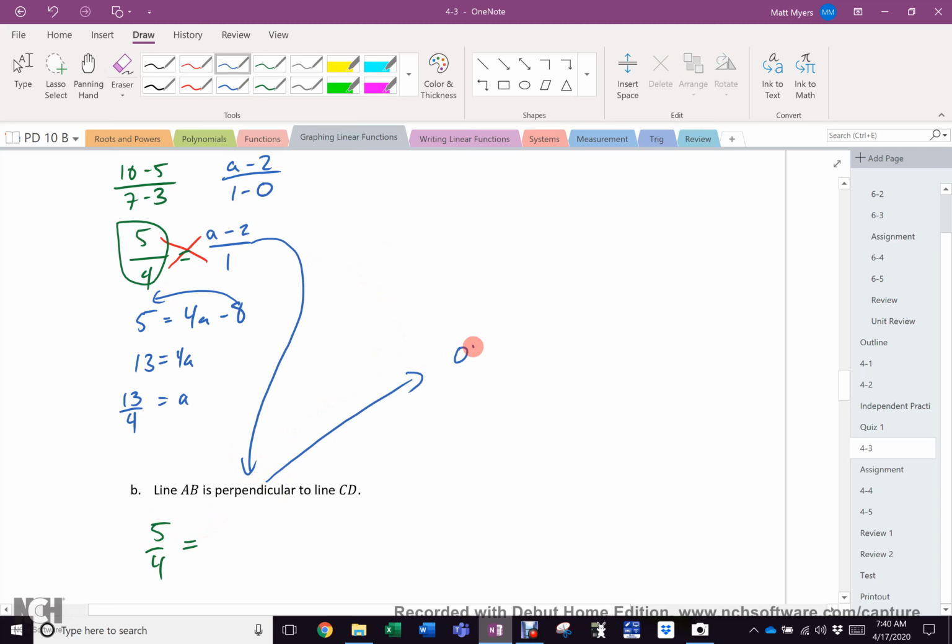Well, perpendicular means it has to be opposite and reciprocated. So right now, I had A minus 2 over 1. So now I got to reciprocate it, 1 over A minus 2, and I have to make it opposite. So I got to make that negative.